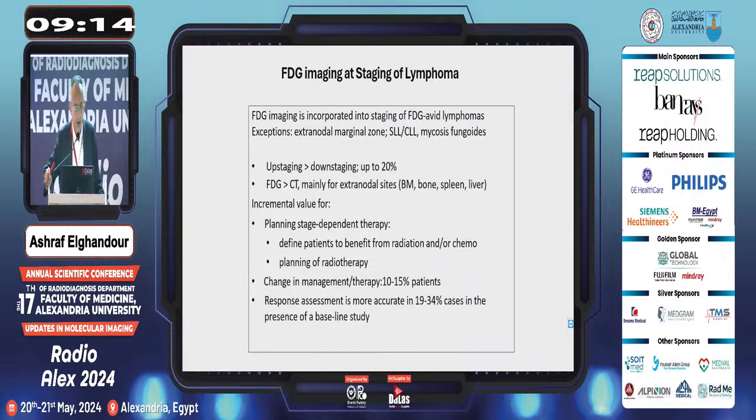Planning stage-dependent therapy means a change in management. Sometimes it gives me stage 3 or 4, but after PET-CT it's stage 2, so I can change the management and therapy. Also, response assessment is more accurate in 35% of cases in the presence of a baseline study.